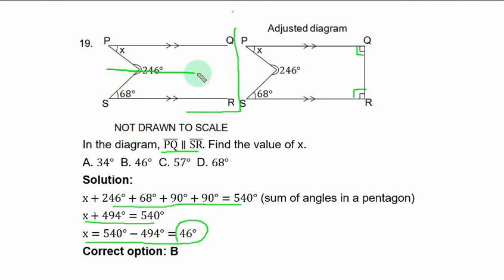If you bisect this place, here is also parallel. So this angle here is equal to 68. This angle is equal to S. If you add these 3 angles, the sum is equal to 360 degrees. Angles at a point. With this, you can also get the value of S easily.